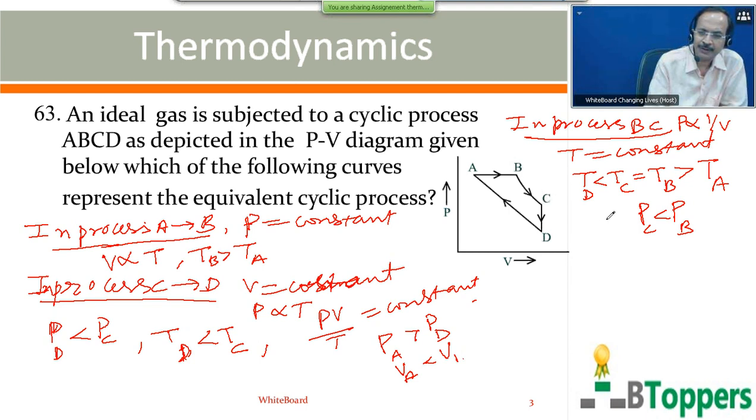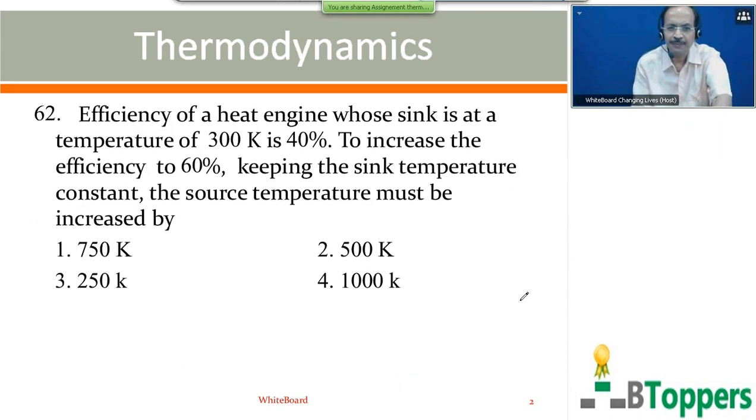Pressure at C is less than the pressure at B. And pressure at B is same as the pressure at A. And pressure at D, we have already concluded, is less than the pressure at C.